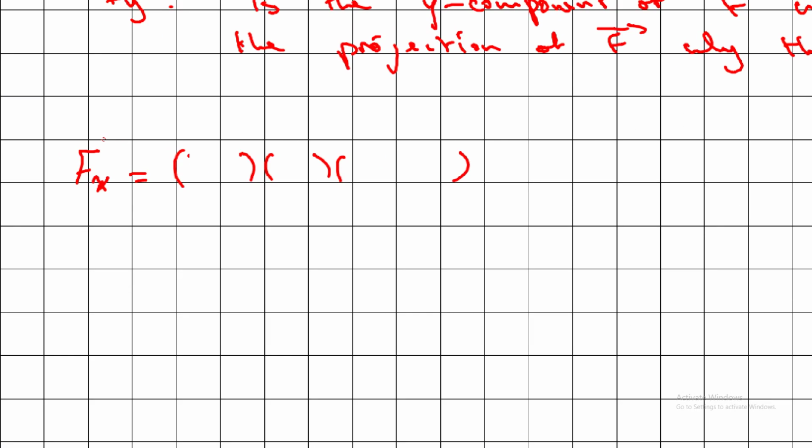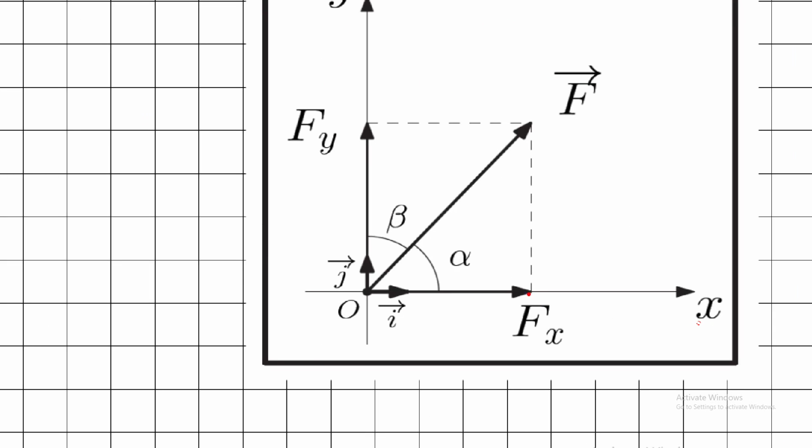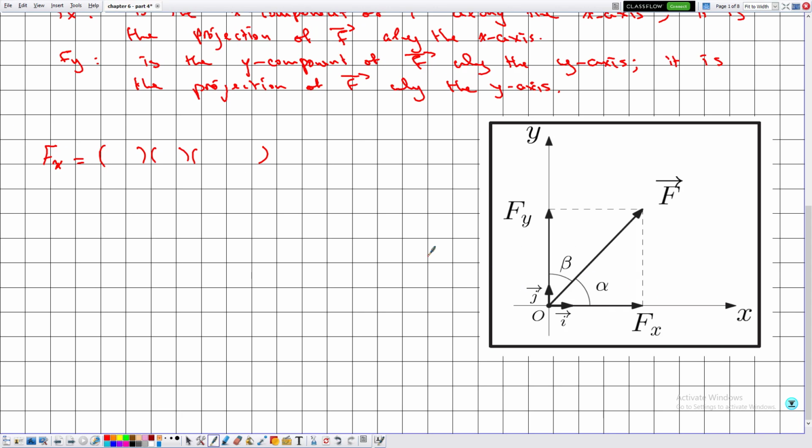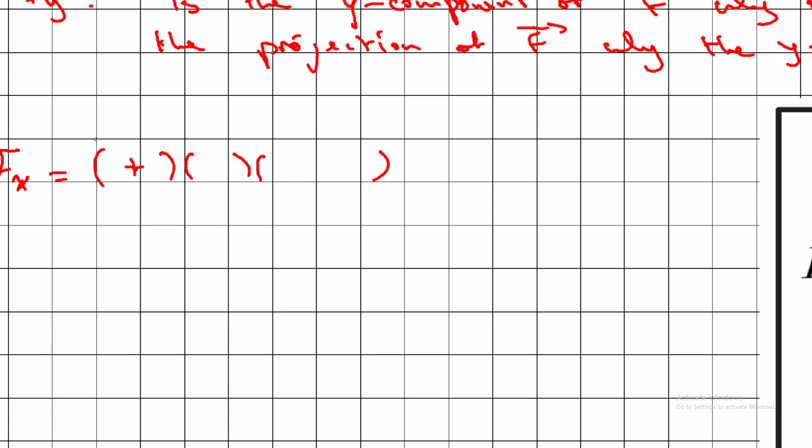Now the first one is either plus or minus, and this depends on whether Fx is pointing in the same direction as the x-axis. Notice that in this case Fx is pointing in the same direction as the x-axis, so it's positive. Now if the vector F is pointing in a direction opposite to that of the x-axis, then here we will place a minus sign.